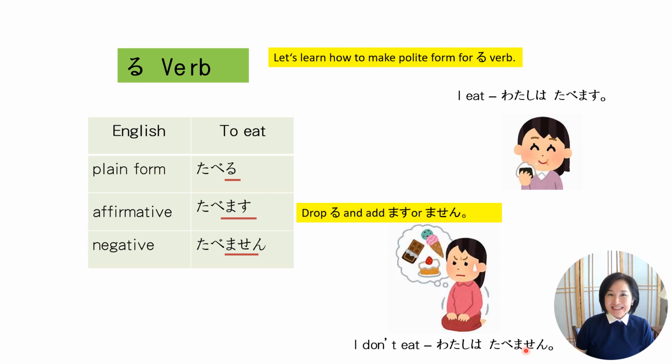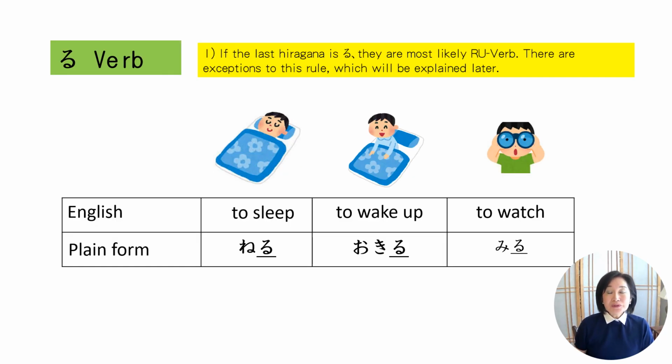Could you make sentences all right? There are more Ru verbs you can learn today, and they are these. 寝る, to sleep. To wake up is 起きる. To watch is 見る. They're all ending with hiragana ru, therefore they're Ru verbs.